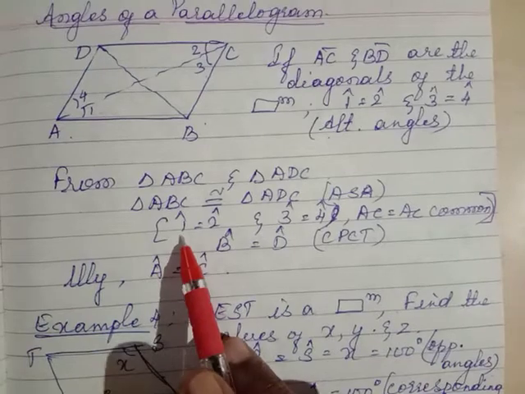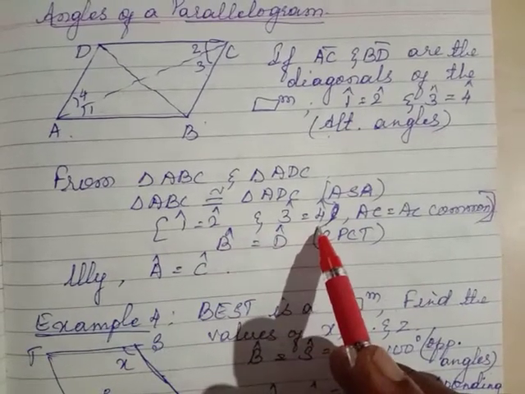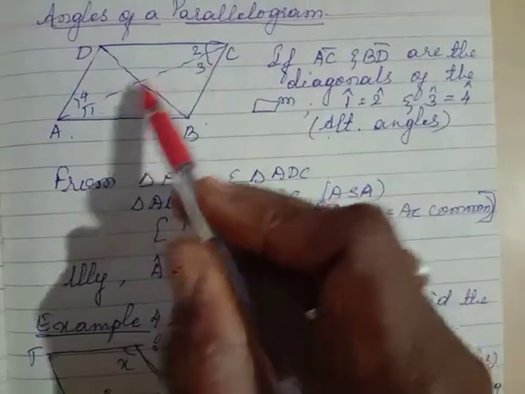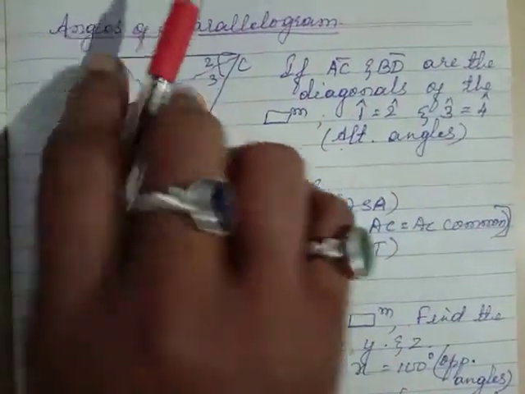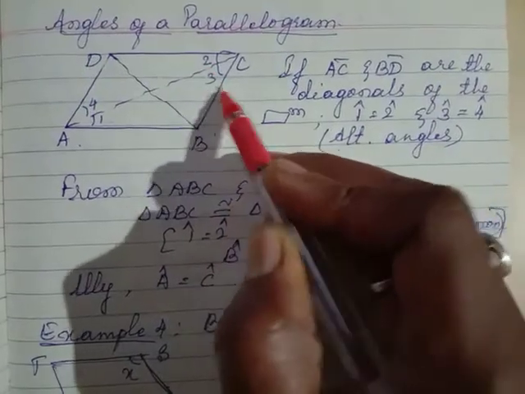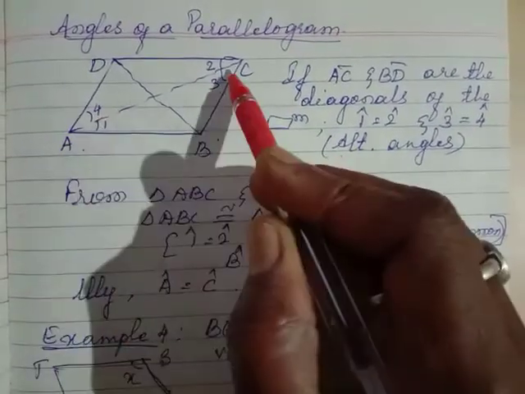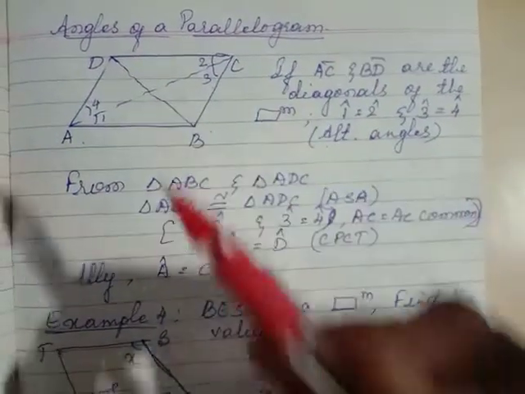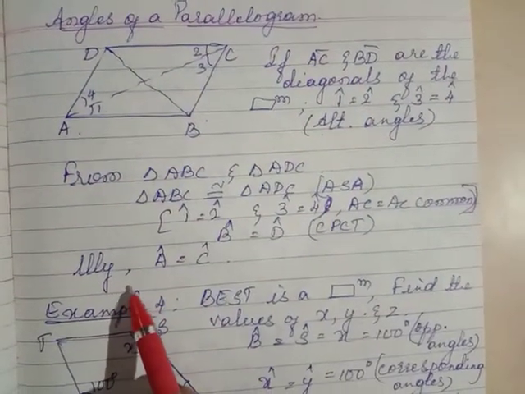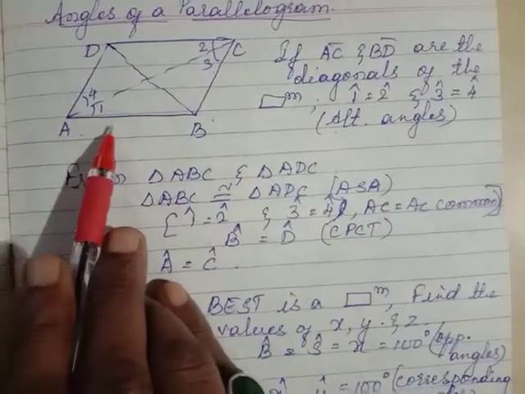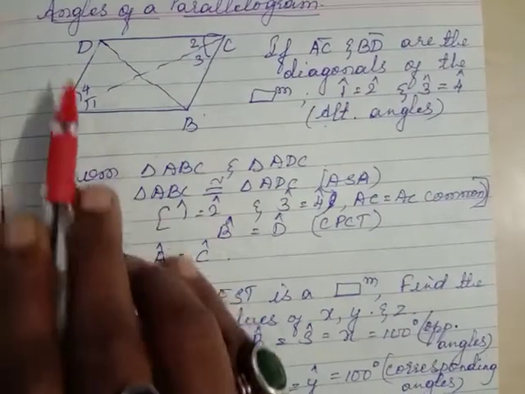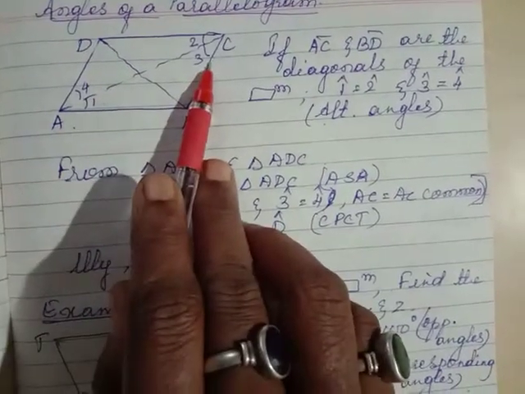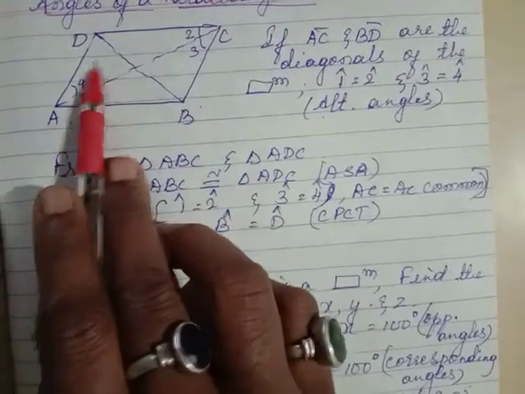Because angle 1 is equal to angle 2, angle 3 is equal to angle 4, and AC is common to both triangles. Therefore, these two triangles are congruent. Then by CPCT, what can we write? Angle B is equal to angle D, angle B in triangle ABC equal to angle D in triangle ADC.